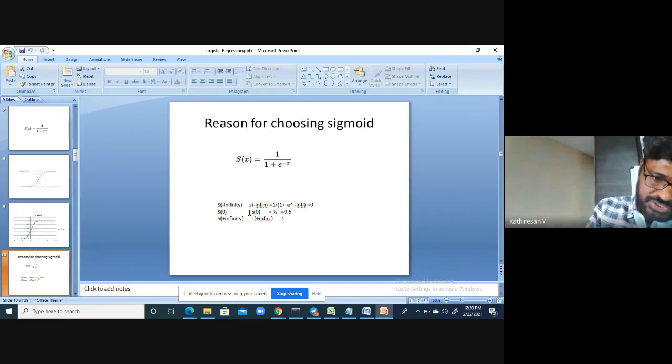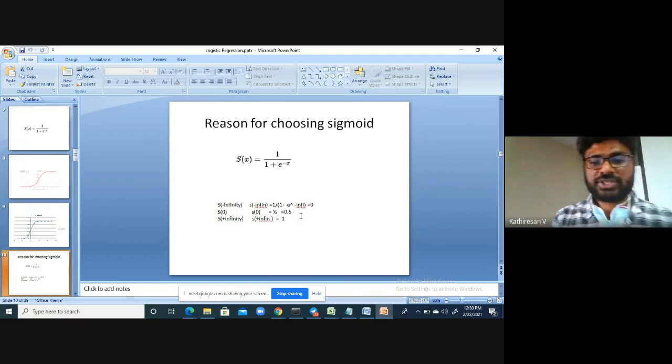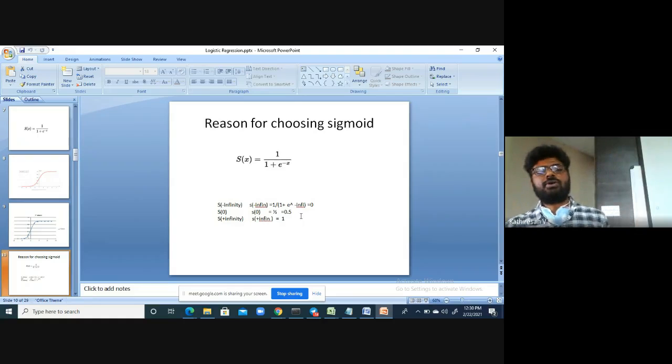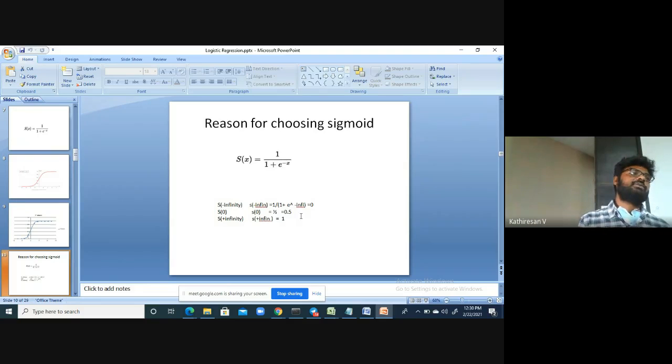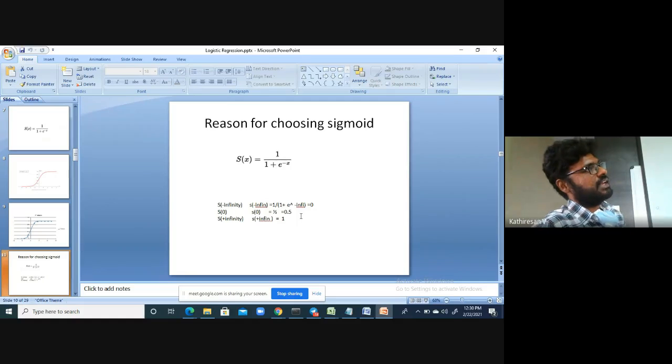And if you substitute 0, you will get 0.5. So minus infinity to plus infinity, it lies between 0 and 1 only.